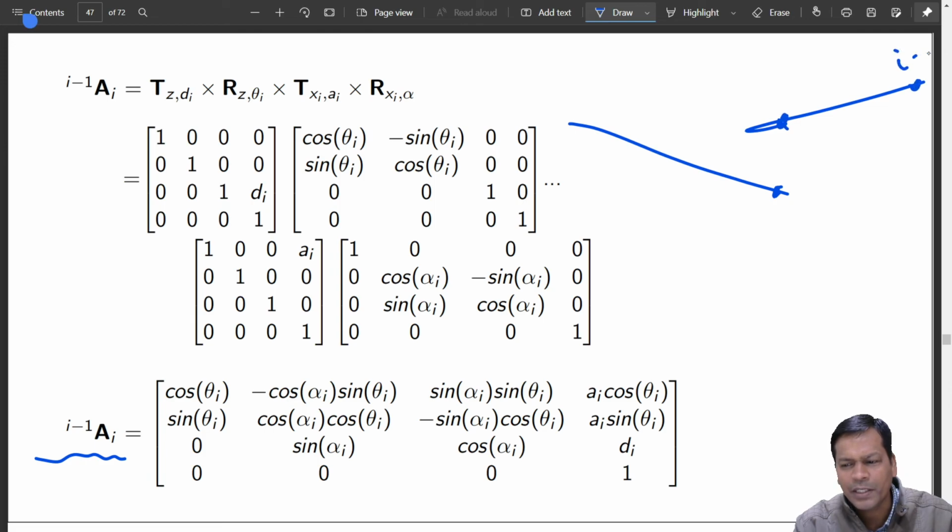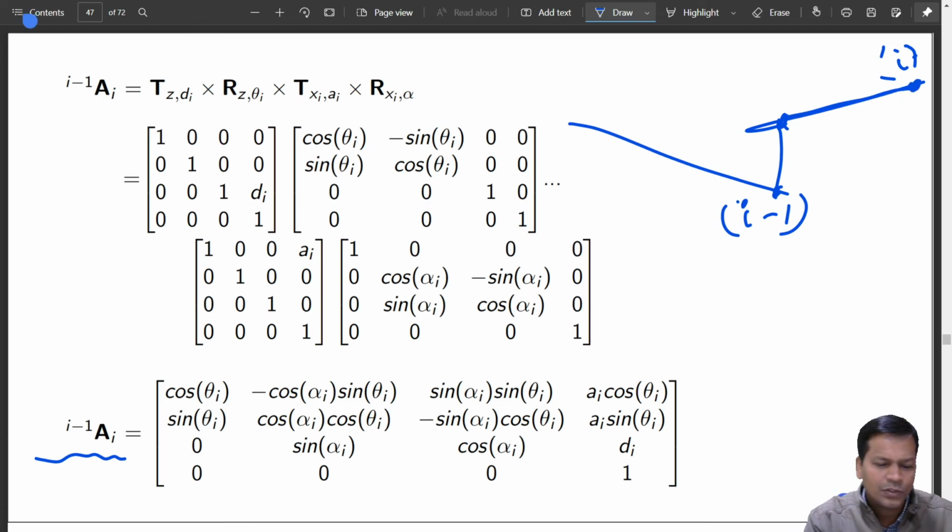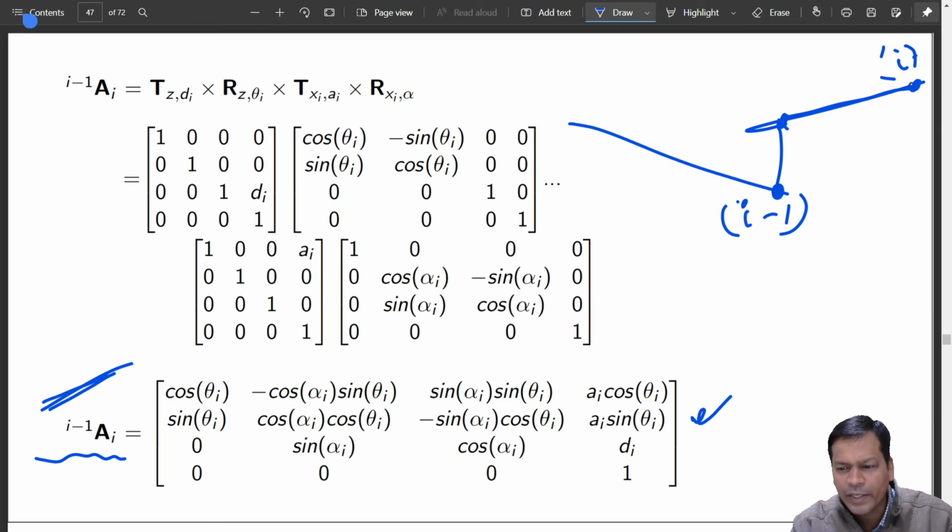This is the ith frame, and this is your (i-1)th frame. Okay, so you have reached from here till here. So this is your transformation matrix. So effectively this is the transformation that takes you from this frame to this frame.